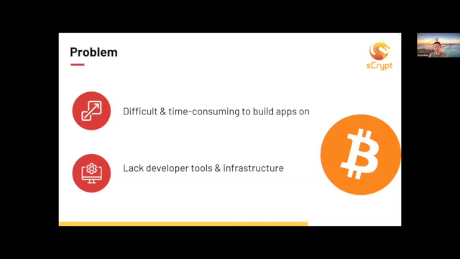I'm not talking about some trivial application, for example, you only want to do a time lock, or maybe only a hash lock. Probably you can do that, but anything non-trivial is very difficult. You are writing almost machine code, so you need more modern developer tools and all the tooling infrastructure to help you build faster. So that's how sCrypt comes into play.